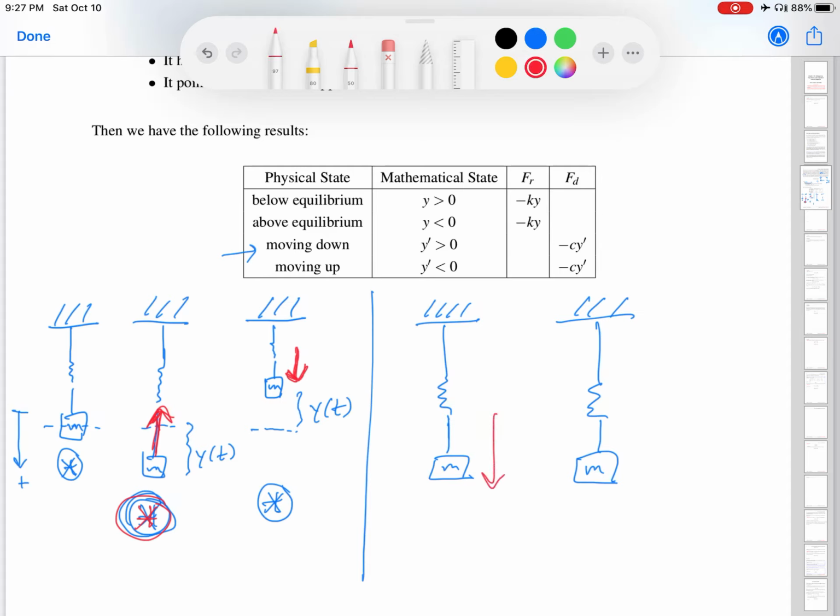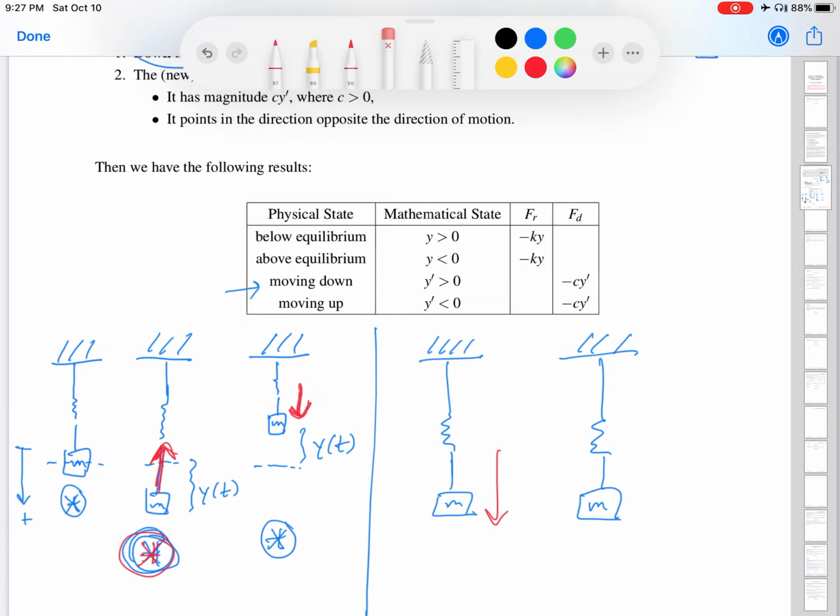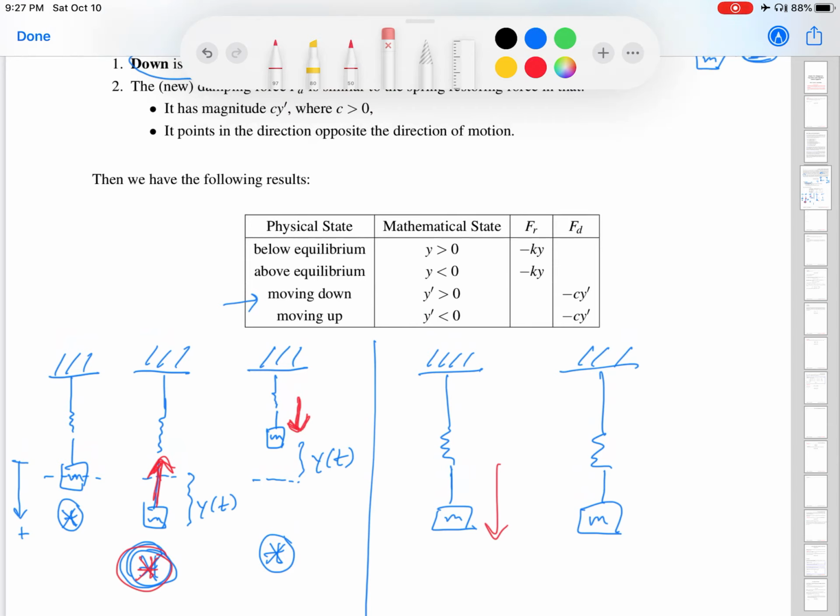Great, so that happens to be a place where we need to think about this damping force and which way it would point. We had said up here that this damping force, and you can think of this as air resistance, opposes the direction of motion.